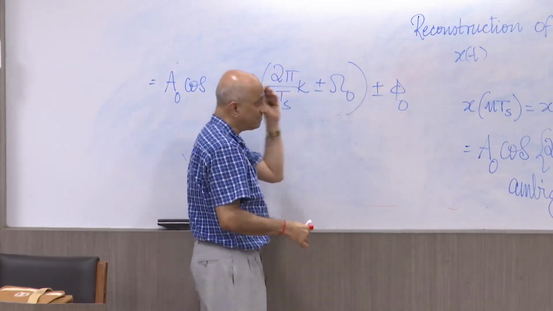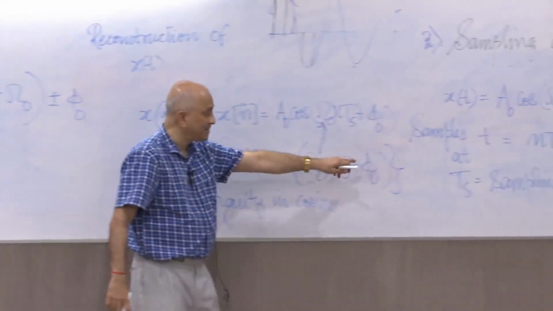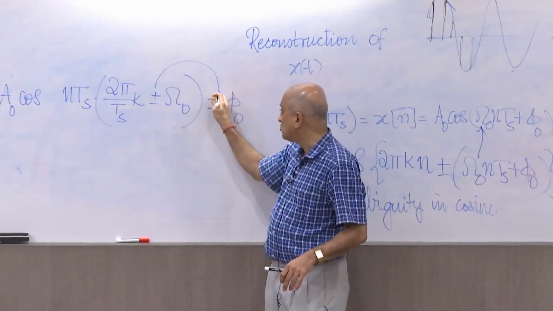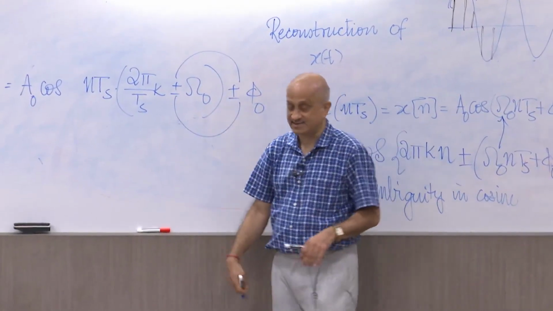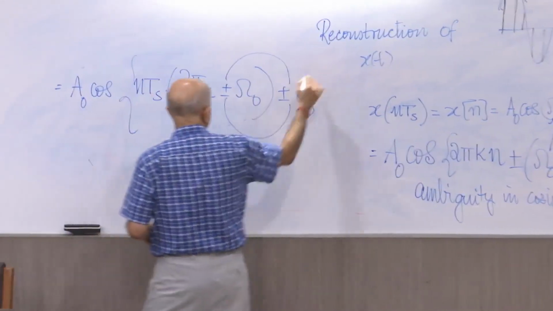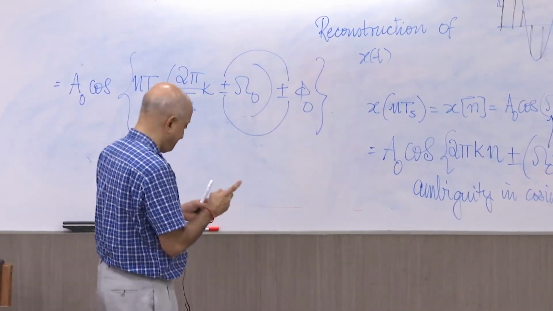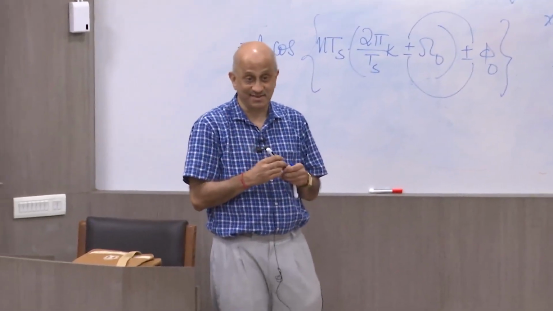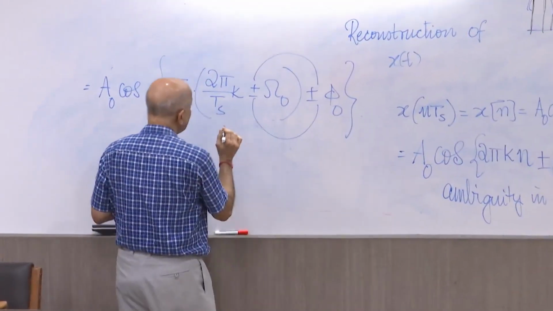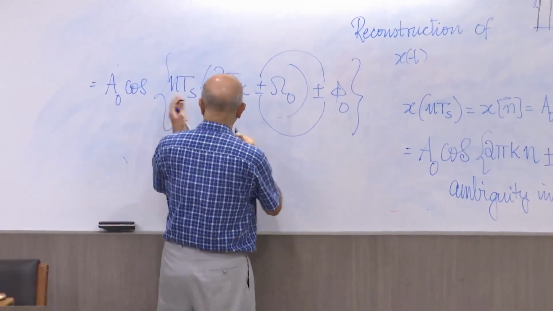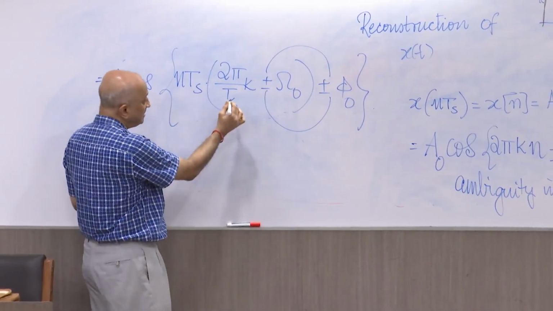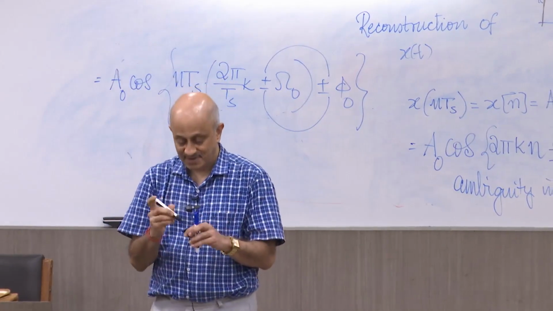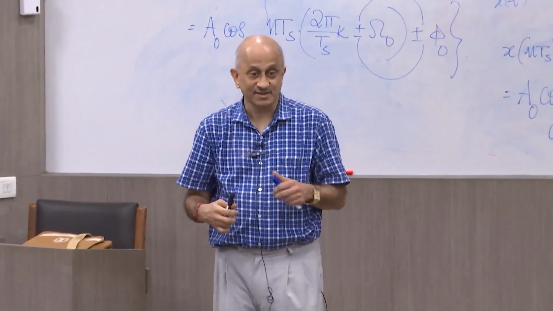Remember, when you're saying plus minus, if there's a plus here, it must take the plus; it's not all four possibilities. When there's a plus here, it must go with the plus, and when there's a minus here, it must go with the minus. Agree with me? What is the interpretation of this? All sinusoids with these frequencies would have produced the same samples at the same points. Right? It's obvious.